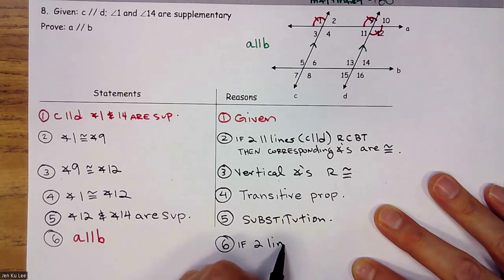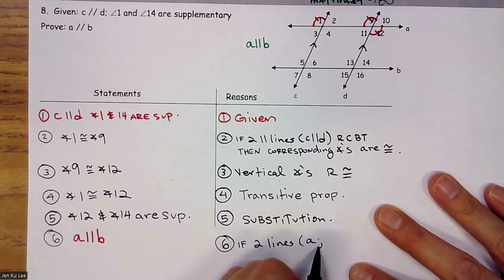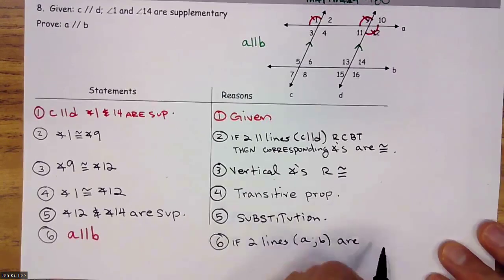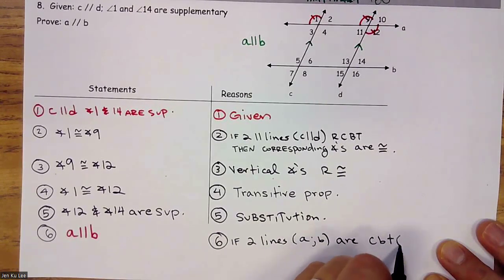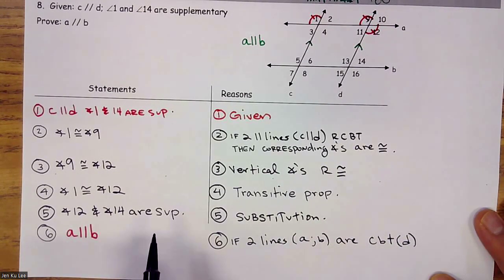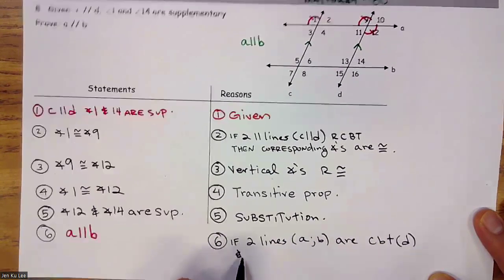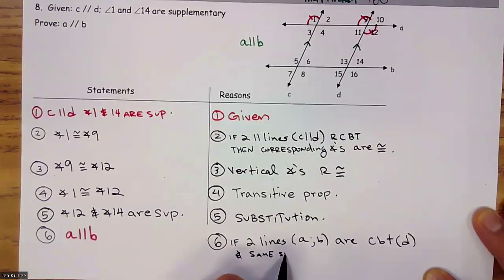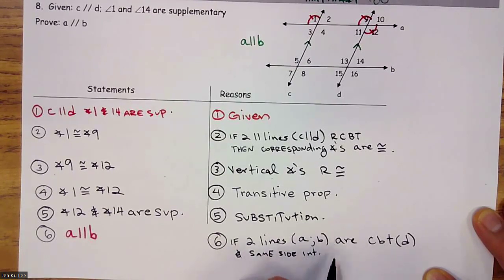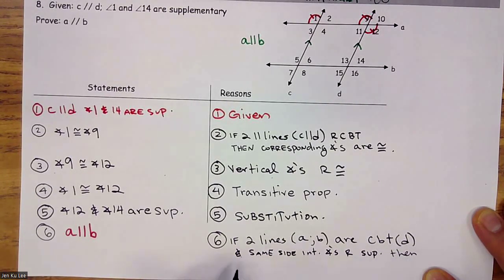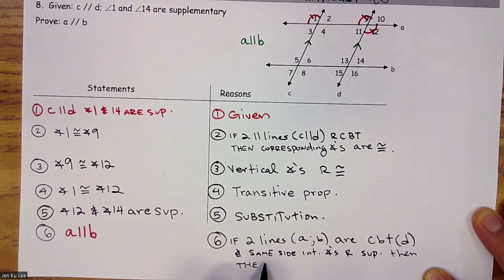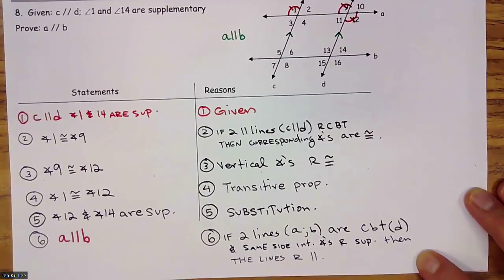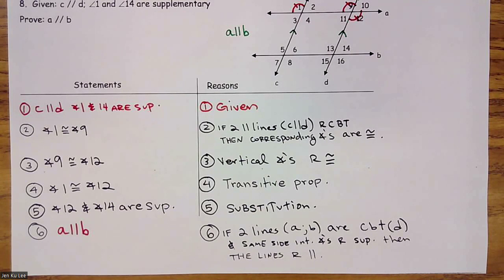If two lines, A and B, are cut by transversal D and same side interior angles are supplementary, then the lines are parallel. That is my proof here. Okay?